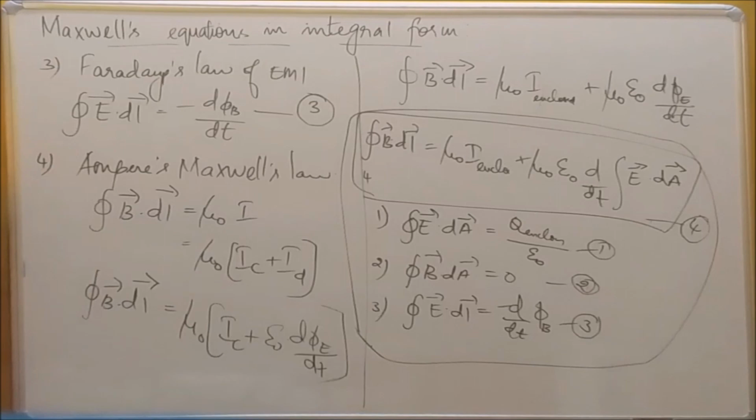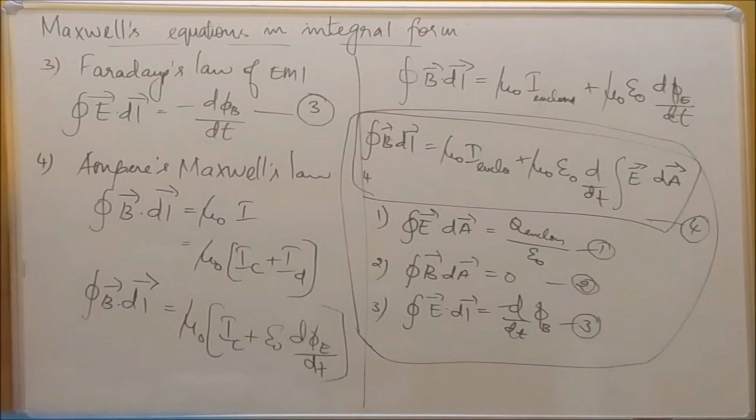So that equation is the integral of B vector dot dl vector is equal to mu naught I enclosed plus mu naught epsilon naught d by dt of the integral of E vector dot dA vector. This is the fourth equation of Maxwell, Ampere-Maxwell law. This equation shows that the conduction current and the displacement current produce the magnetic field.